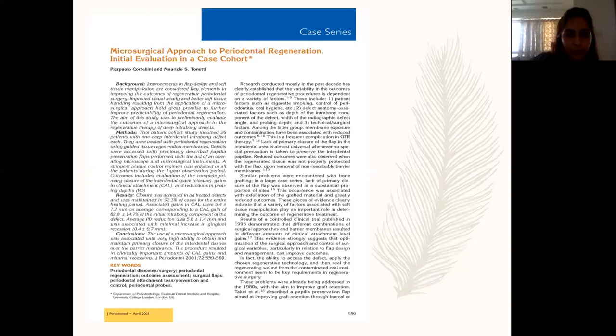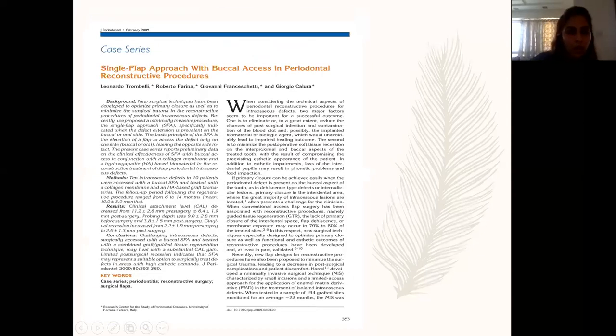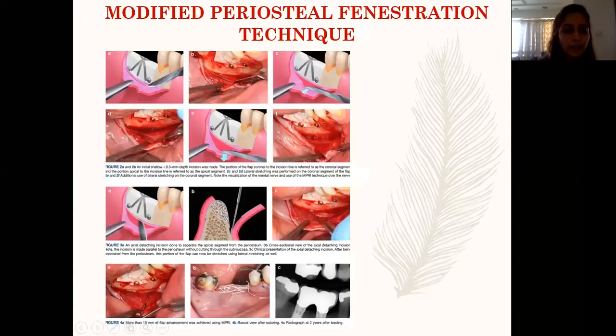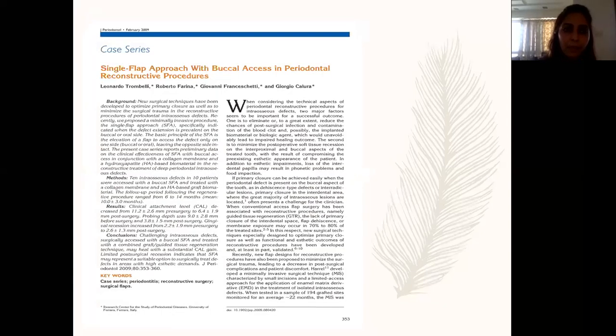Similarly, in the year 2009, the single flap approach with buccal access in periodontal reconstructive procedures. This paper was published by Trombelli et al.